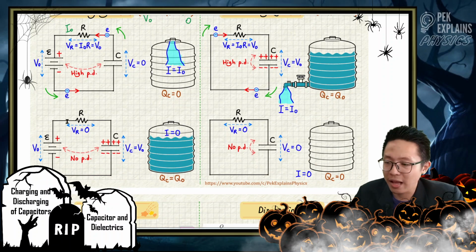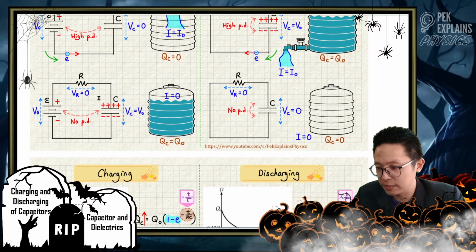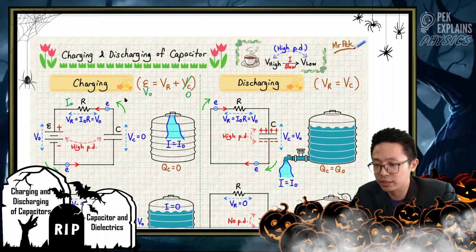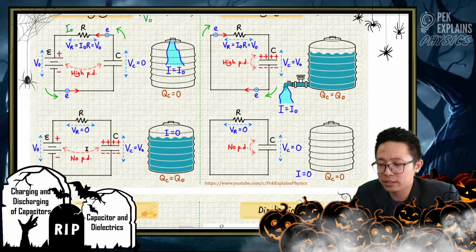But after finishing charging, the capacitor becomes the maximum voltage V naught. So what happens to the voltage across the resistor? It is inverted, opposite to what happened before. Now in the end, VC becomes the maximum voltage.